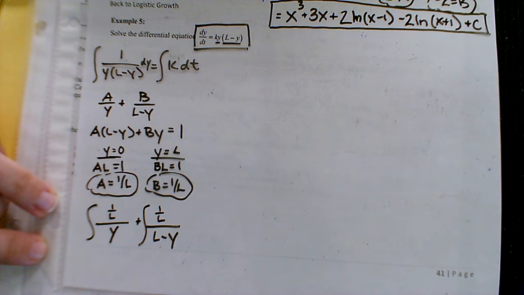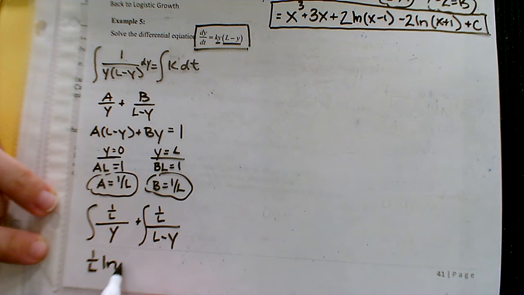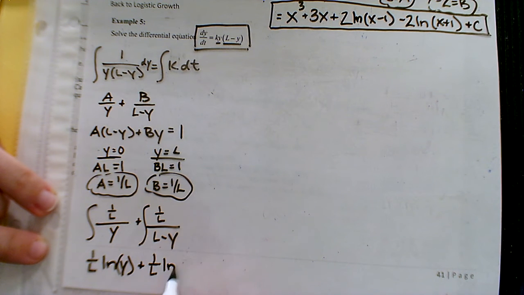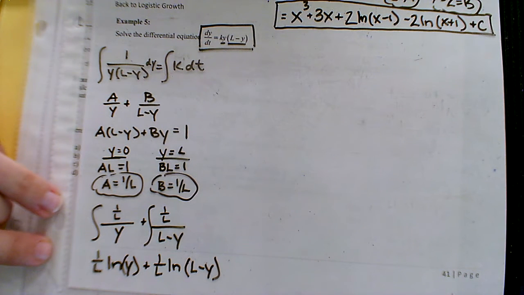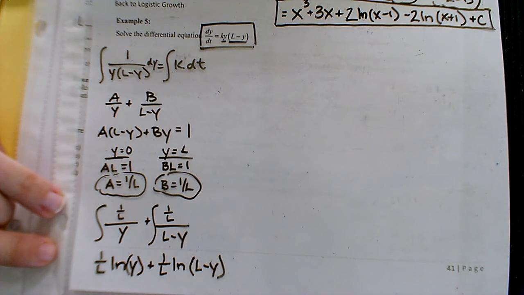Do you remember what that L represents in these logistic functions? It's your limit, it's your carrying capacity, like the highest population you could have. Okay, so we would have 1 over L times the natural log of y plus 1 over L times the natural log of L minus y. Are we okay with that? Just like the last one we did? Remember, L is a number.